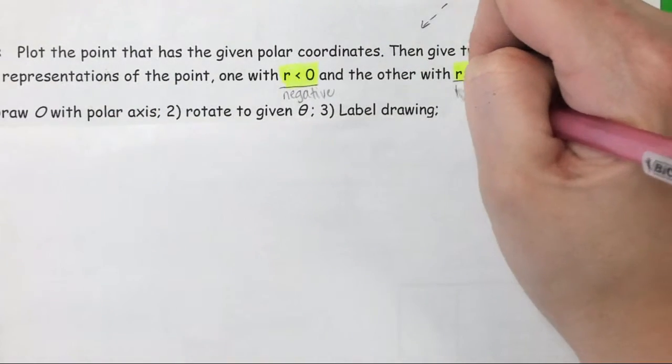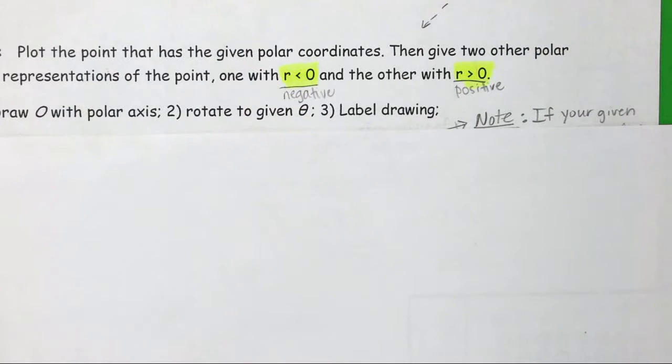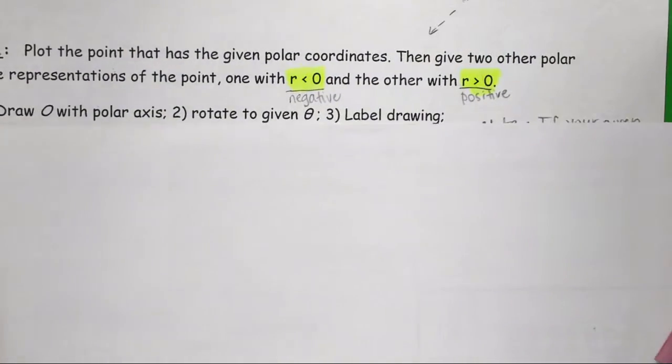And then the other one is going to be positive. Okay, and I'm actually going to do 2 of each to show you how you can get different values. Okay, on your homework, if it says that, you will only have to do 1. Okay, and we're actually going to do steps 1 through 3 with these together first, and then we'll do the rest of them.